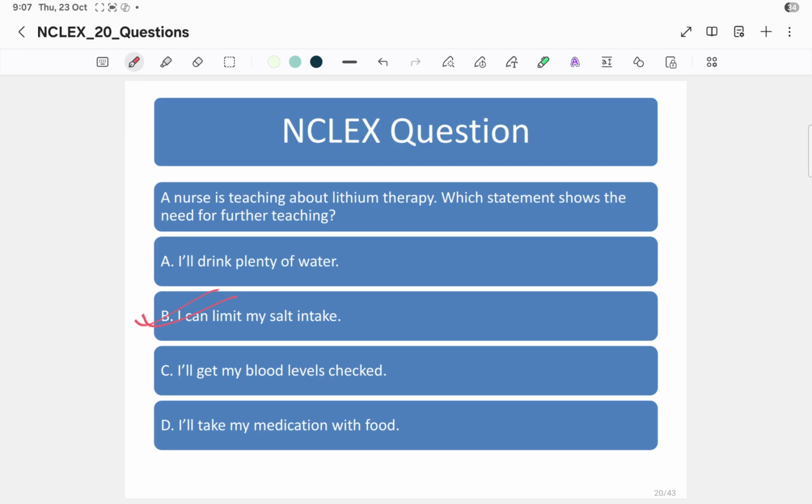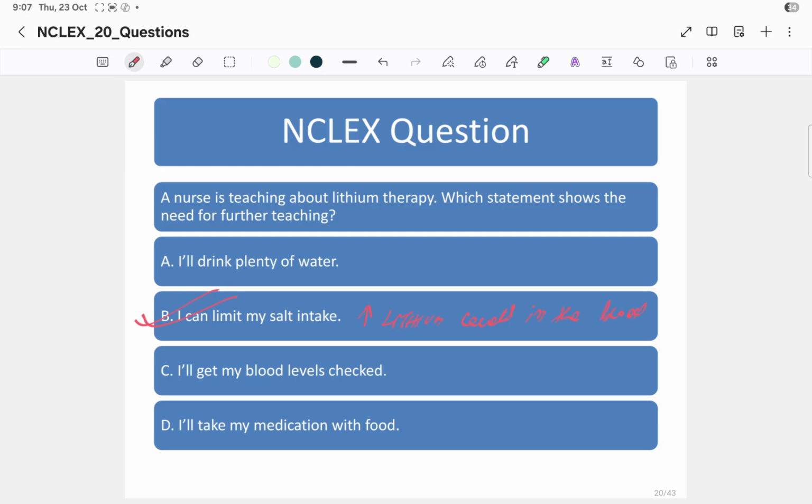Because limiting the salt intake can lead to increased lithium levels in the blood, okay, or lithium toxicity.